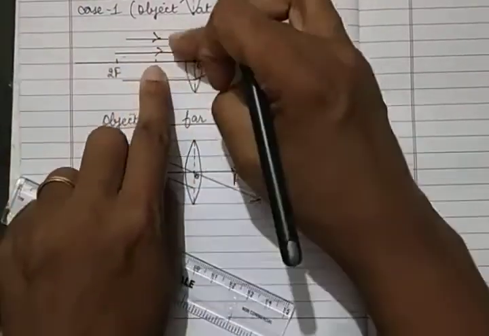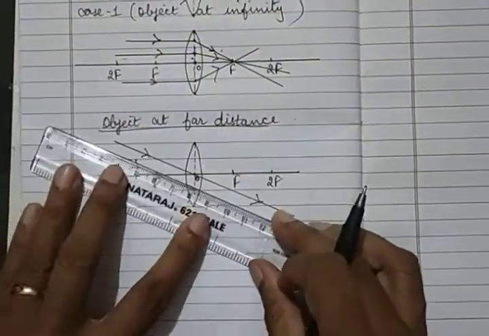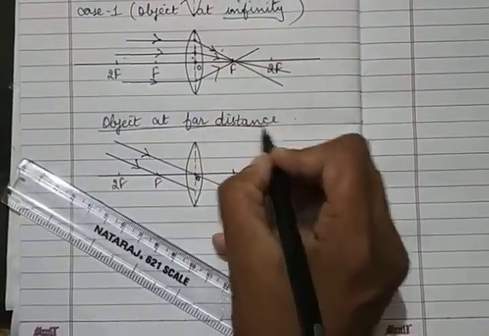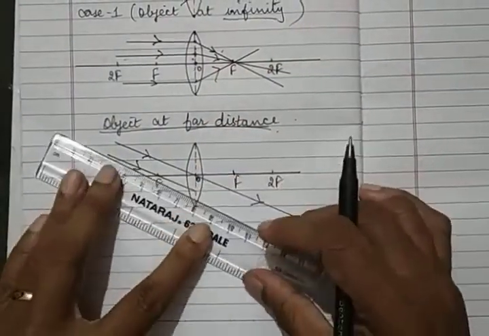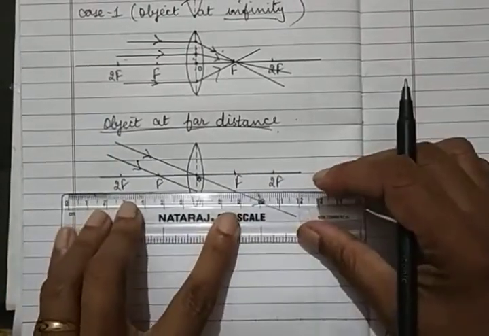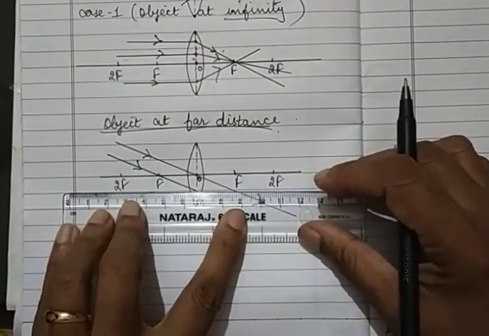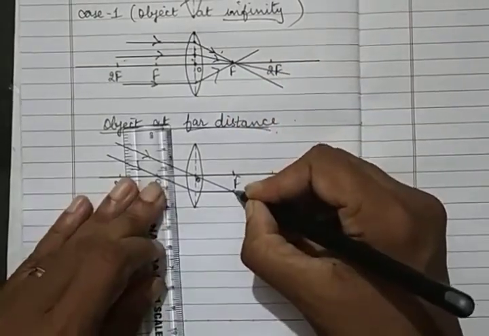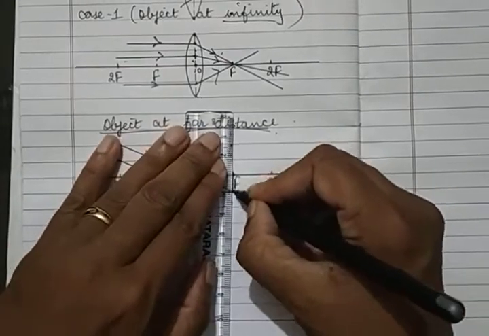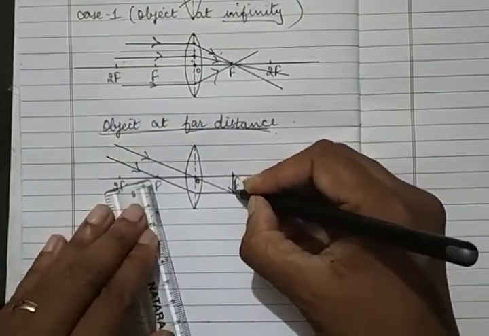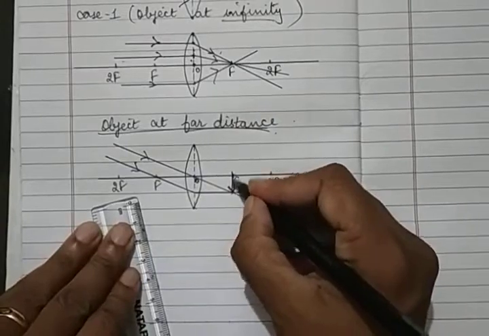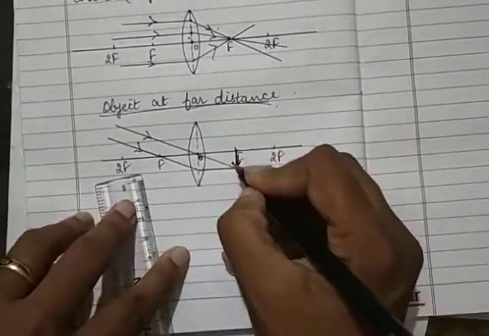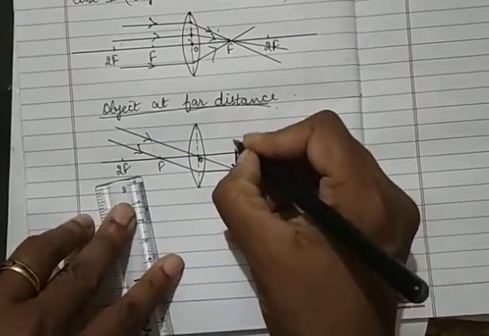Here they are parallel to the principal axis. Here they are parallel to each other, but they are not parallel to the principal axis. That's the difference between at infinity and at far distance. So for this ray, how will the refracted ray go? It will go parallel to the principal axis. So they both will meet at a point here, and that's where image is formed. So this is your image A dash B dash.